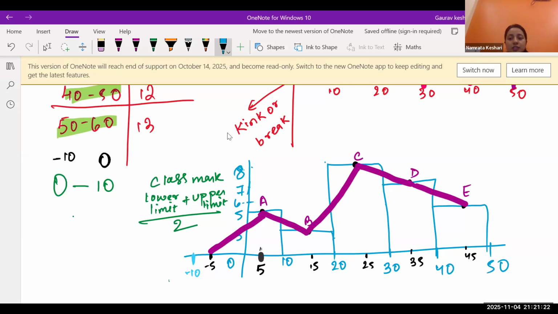So 50 to 60, making sense? Yes, ma'am. And the middle point we take is the class mark. For drawing a frequency polygon, we just take the midpoints, that means the class marks for the given class intervals, and only those points we join.